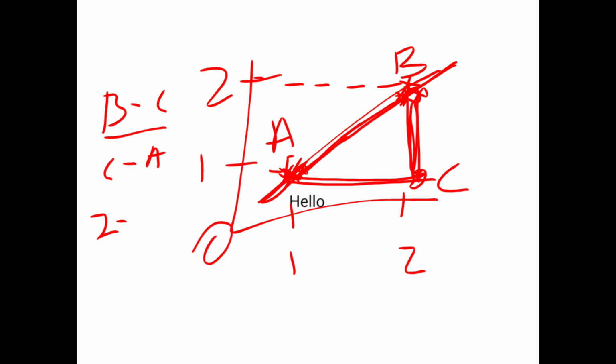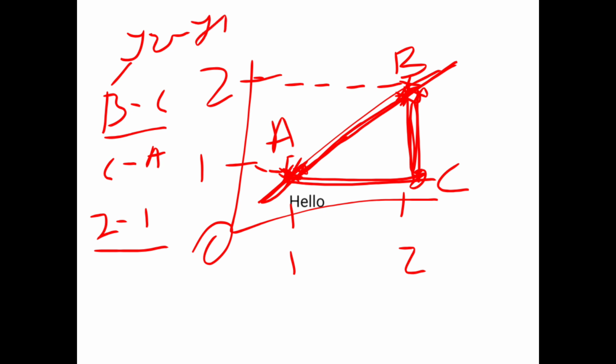So when you trace the C to this side, you are gonna get the 2 minus 1 all over. Now it says CA, so you are coming to the x-axis. So don't forget that the BC is for the y2, y1.